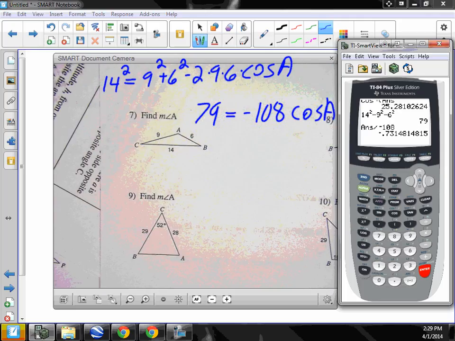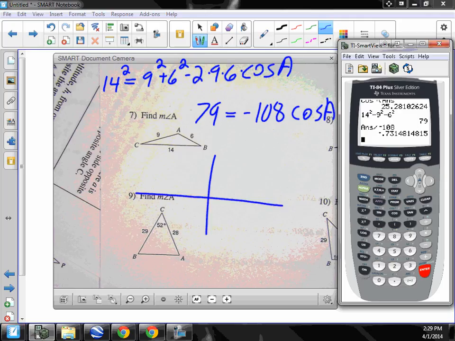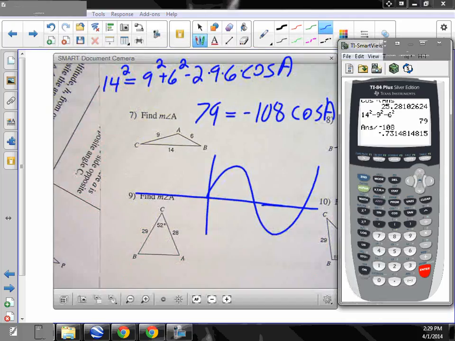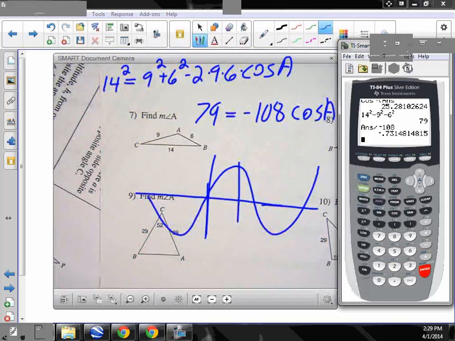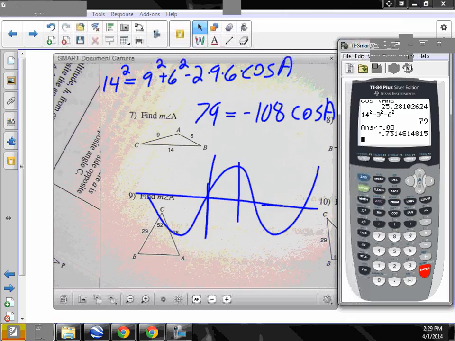The reason is, if you remember the graph of the sine function, it looks like this. The sine is invertible from 0 to 90, and all of those values are positive. But the cosine graph is a little different.